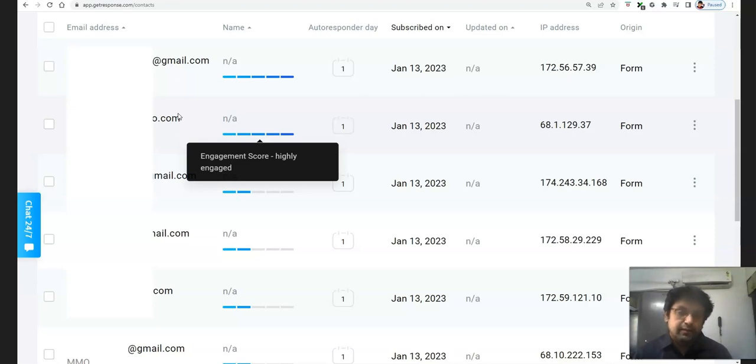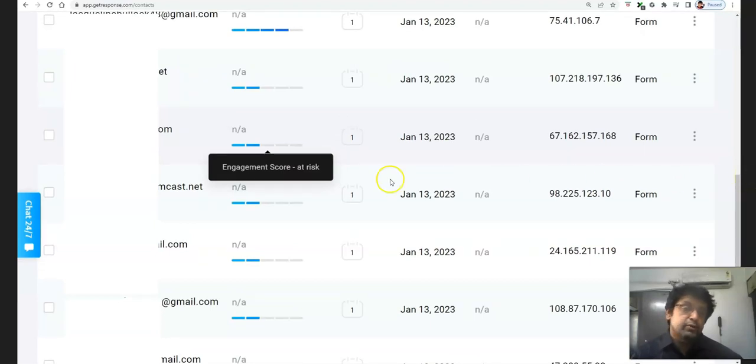In this case, I've just taken an image from my email autoresponder, and you can see over here these are the 2 people who are highly engaged in whatever emails I'm sending out. And in another image I would show you, with 2 bars, the people who are not even opening my emails.